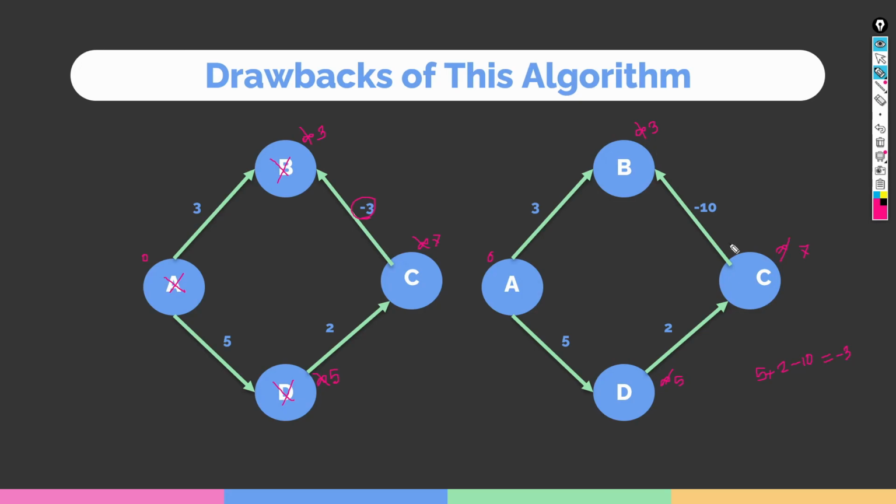Yes, it is. But what Dijkstra is giving us is 3. So once it gave us the correct answer even though there is a negative edge, but it gives us a wrong answer for another graph. So when there is a negative weighted edge, the Dijkstra algorithm may or may not work. This is the drawback of this algorithm.